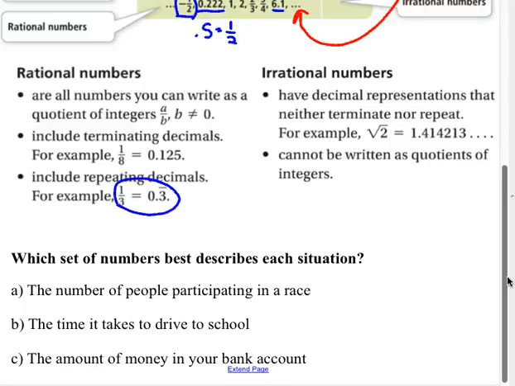Well, there could be one person in the race, two people, 3, 4, and so on and so forth. So here I'm going to call this the natural numbers. I could use the natural numbers to describe the possibilities for the number of participants in a race.